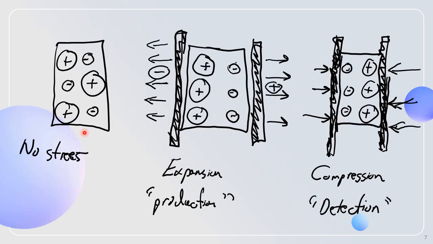So basically in the crystal, you have your ions, and they are distributed evenly, and you have no net charge. So what happens is when you apply the PD, there's an expansion, a stress applied to the crystal.